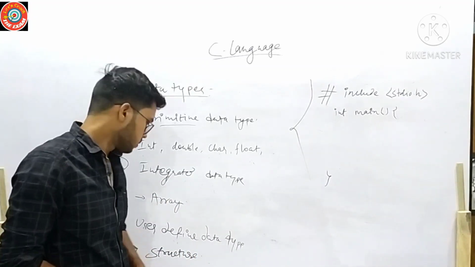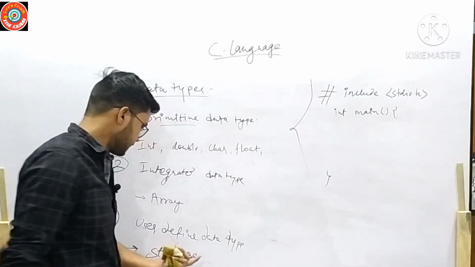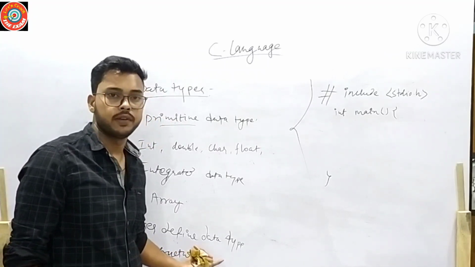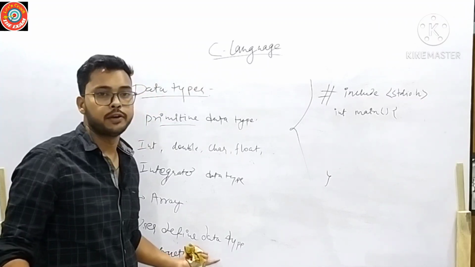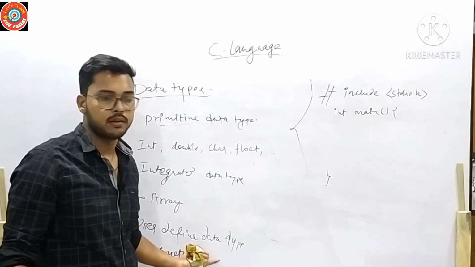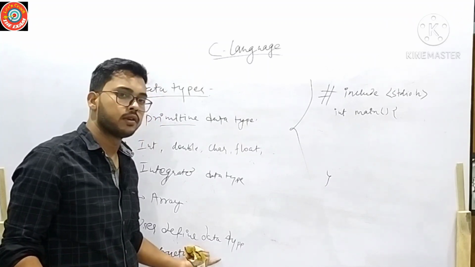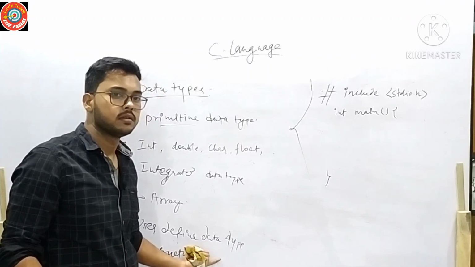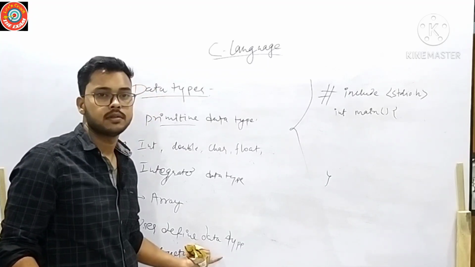In structure we can create or define data types as we want to use. We can define our own type of data. We can create our own data types in structure.